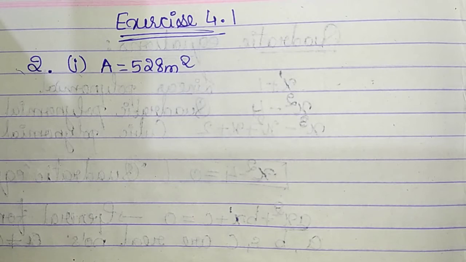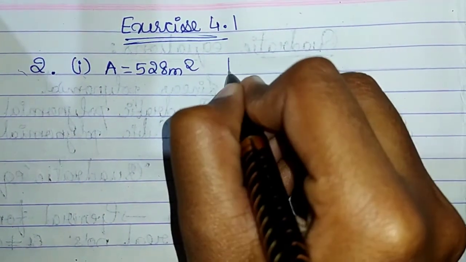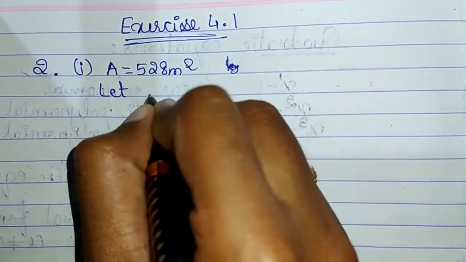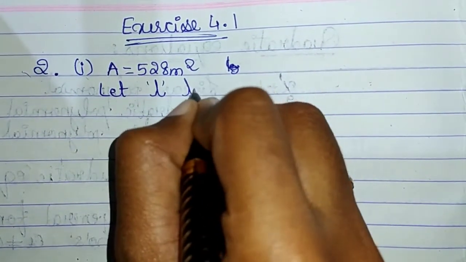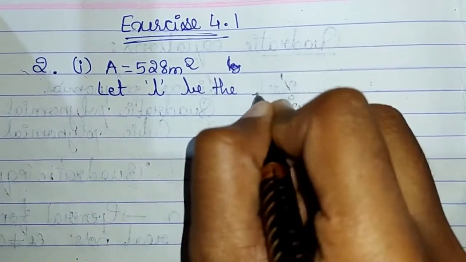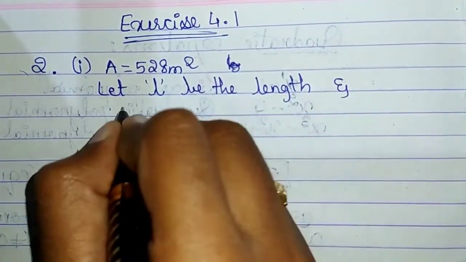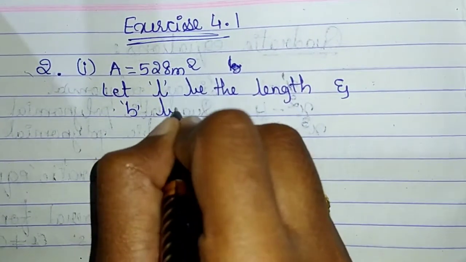The length of the plot is 1 more than twice its breadth. So let L be the length and B be the breadth.